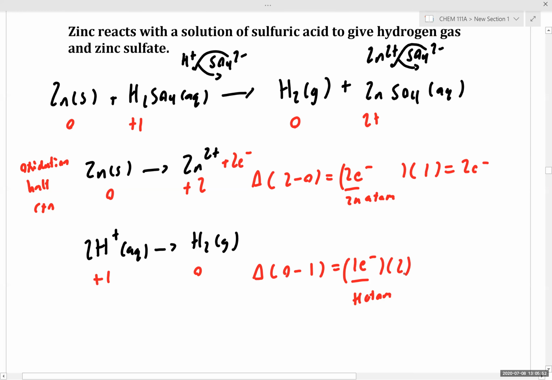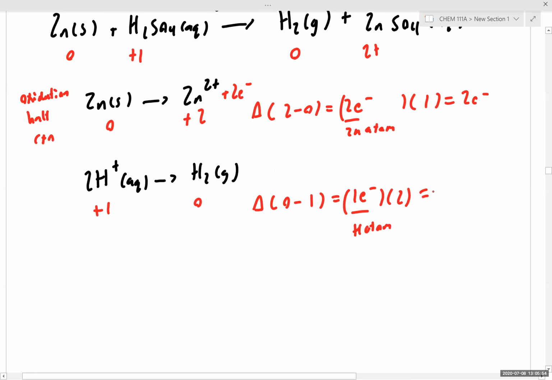And we have 2 hydrogen atoms. That gives us 2 electrons, and this is 2 electrons gained. So we've gained 2 electrons. So this is our reduction half-reaction.